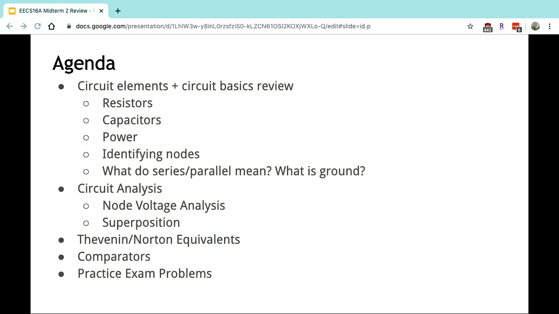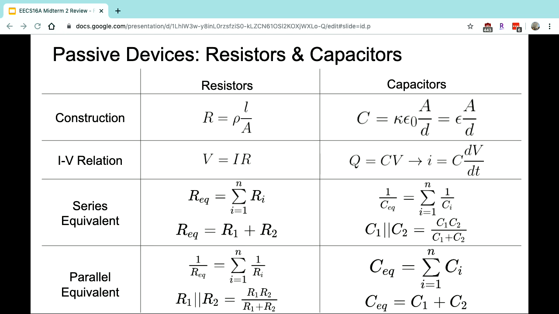Okay, so with that, we'll just get started. So, starting off, a couple important circuit elements, resistors and capacitors. So remember, when we're constructing this, for resistors, the resistance of something is rho L over A. Rho is the resistivity of a material. L is the length of the object that you're trying to find the resistance of.